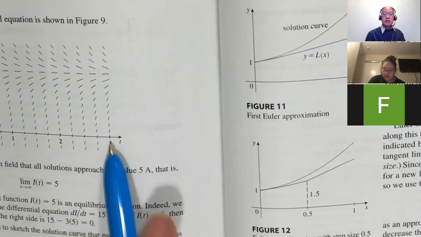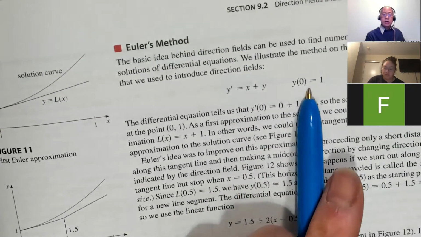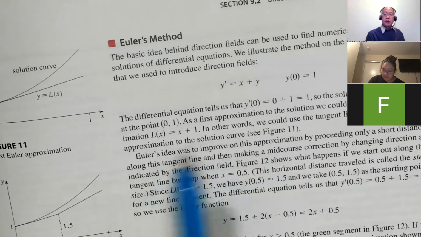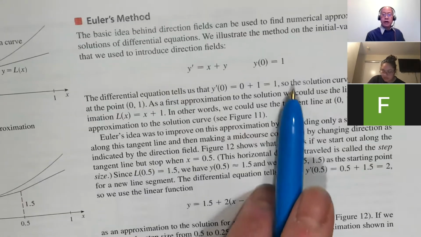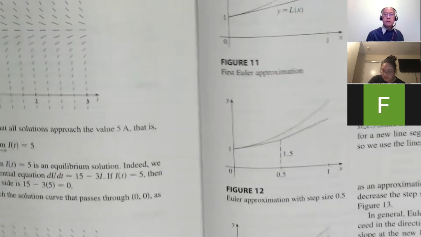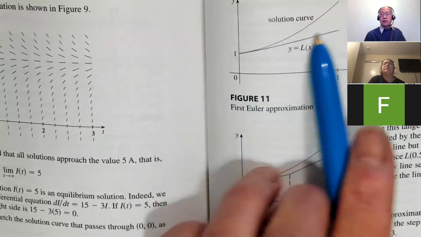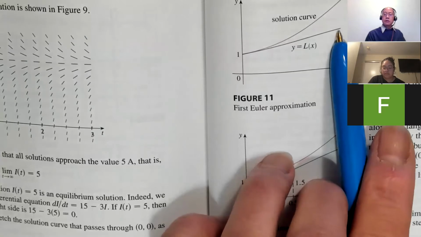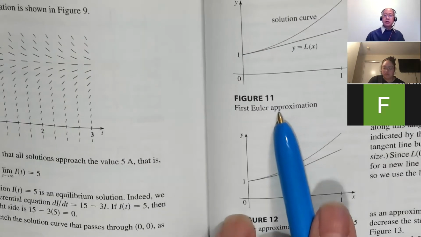You have a slope field. You have an initial condition. We're going to estimate what happens by the time we reach 1. We're estimating y of 1. So if I just go in a straight line, probably not too good. They call it the first Euler approximation.